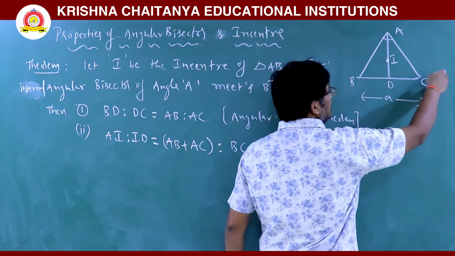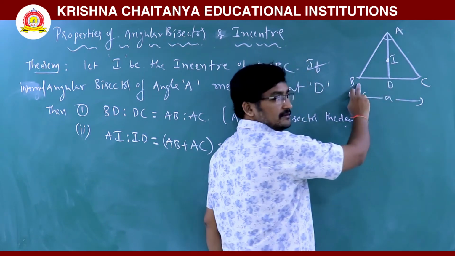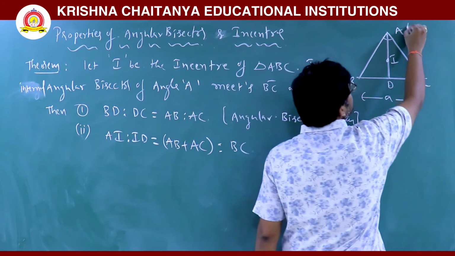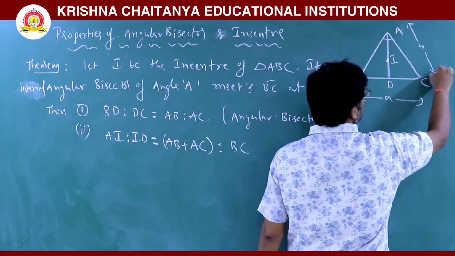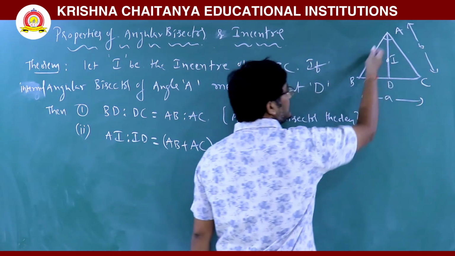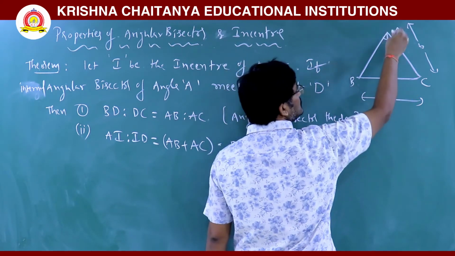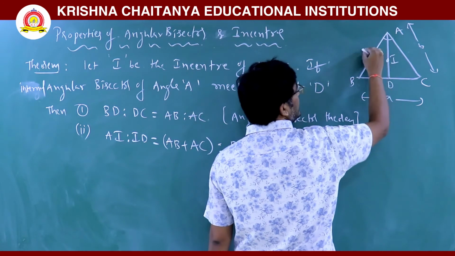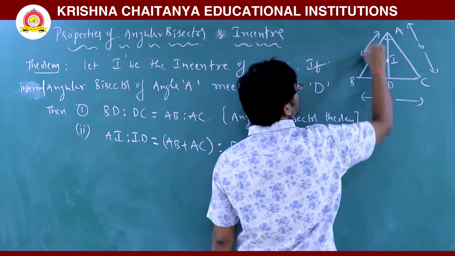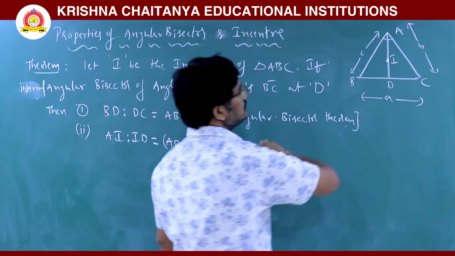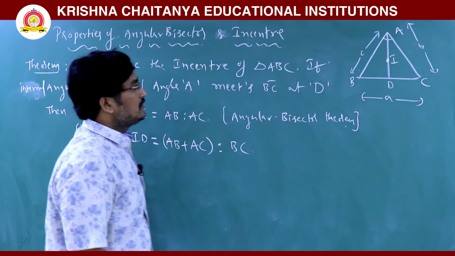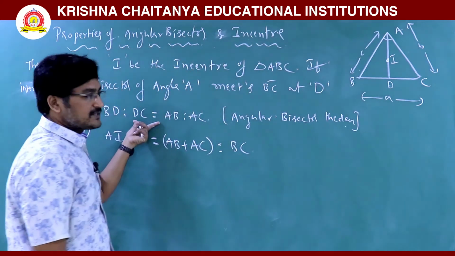The length AC, which is opposite to capital B, will be taken as small b. The length AB, which is opposite to vertex C, will be taken as small c. So we have to rewrite this one.